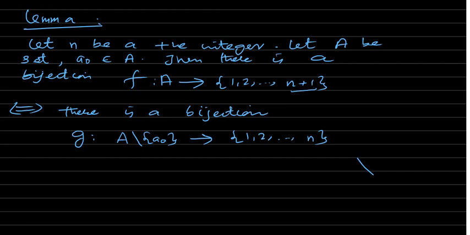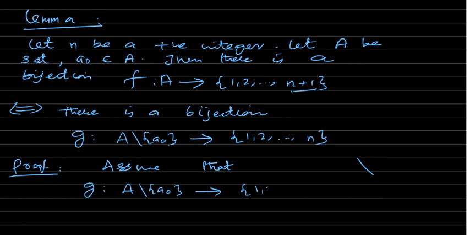So let's first assume that there is a bijection G. Okay, prove. So assume that G from the set A minus A naught to this set 1 2 n is a bijection, so assume करोगे कि ये bijection है.